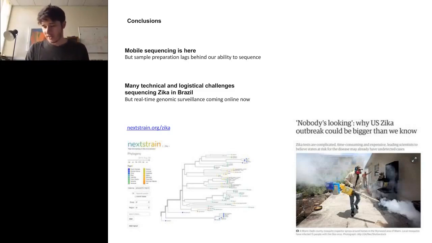But these are still fairly typical molecular biology steps with enzymatic reactions and cleanups and more enzymatic reactions. So we're trying to streamline that whole process, maybe even automate it onto portable microfluidic devices.